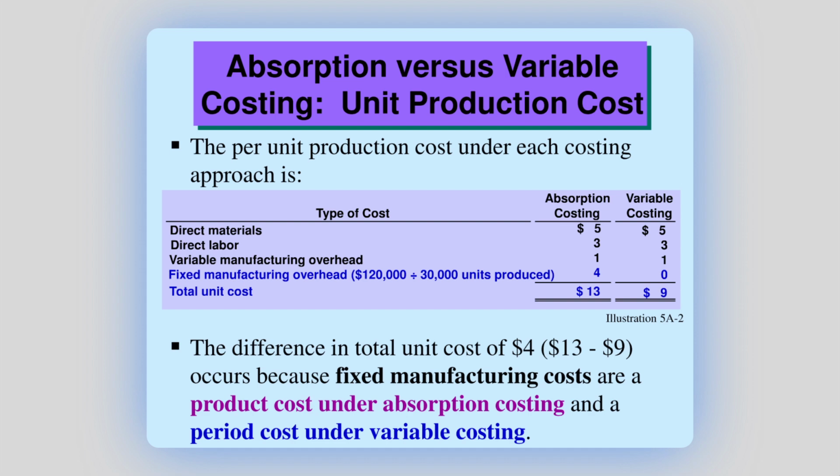The unit cost: direct materials 5, direct labor 3, variable overhead 1, and fixed manufacturing overhead 4, giving $13. While in variable costing, 5, 3, and 1, and 0 for fixed manufacturing overhead, giving 9. The main difference is 13 minus 9, which is 4, because the fixed manufacturing overhead is a product cost under full or absorption costing and a period cost under variable costing.